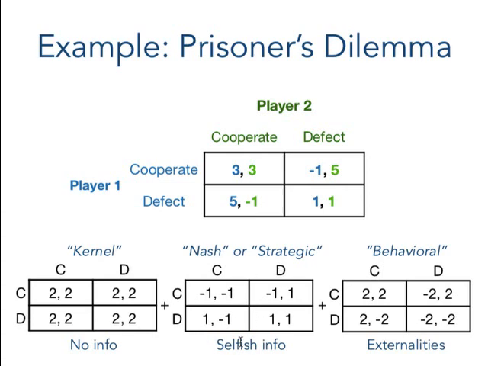Because being selfish, I don't care about a 2 or a -2, right? I only care about this individual. I want to maximize individually. So following our individual interest, we choose to defect. But that hurts each other, because when we defect, we impose a payoff of -2 on one another, right?